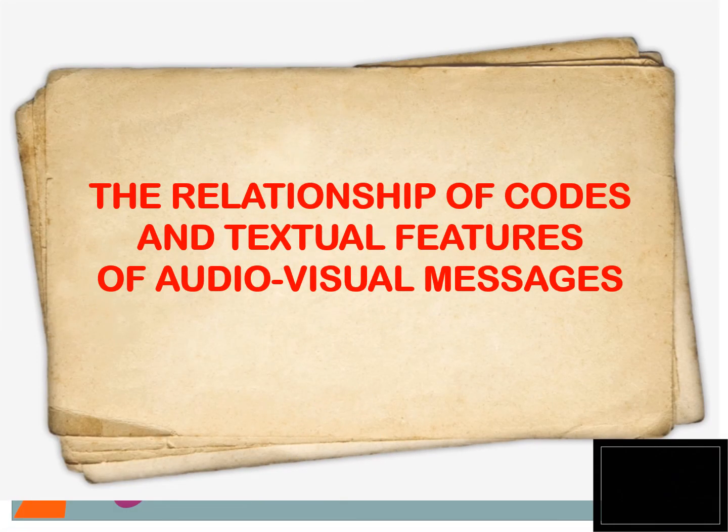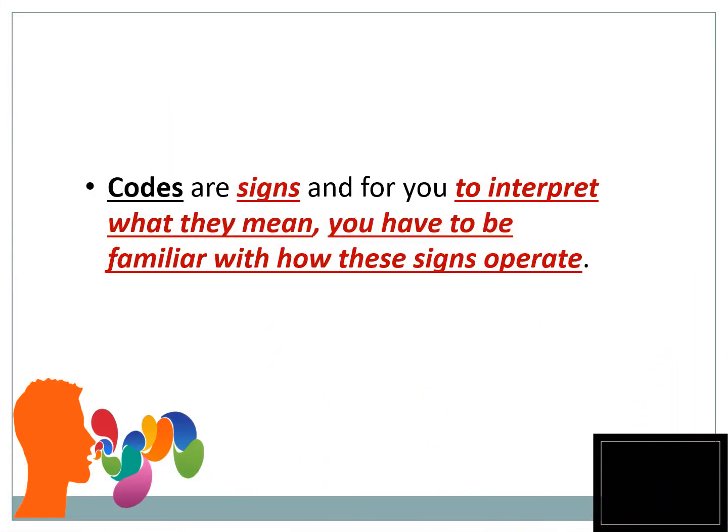So now let us proceed to the relationship of codes and textual features of audio-visual messages. Codes are signs, and for you to interpret what they mean, you have to be familiar with how these signs operate. So kanina, we discussed about the three types of signs. Ano yon ulit? Technical codes, visual or symbolic codes, and written codes.